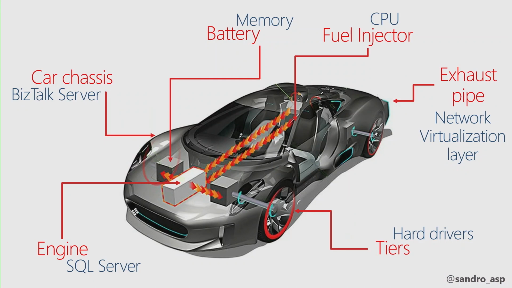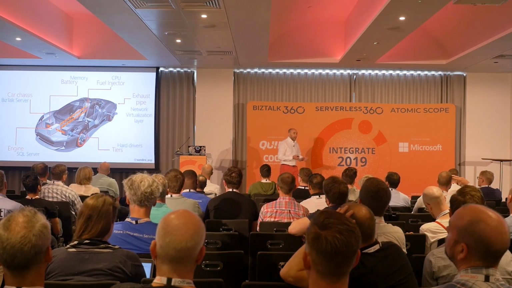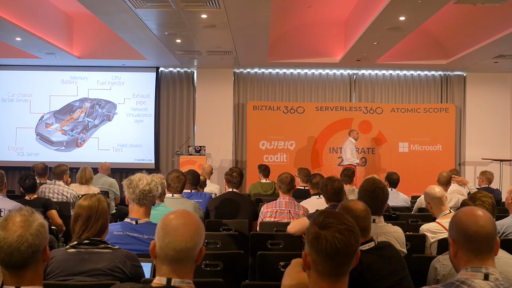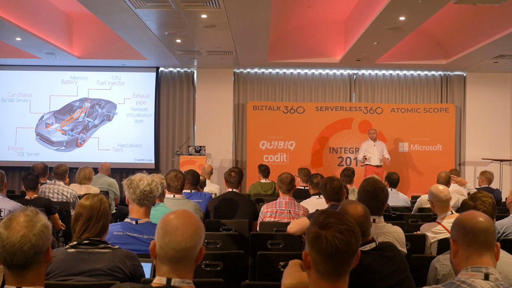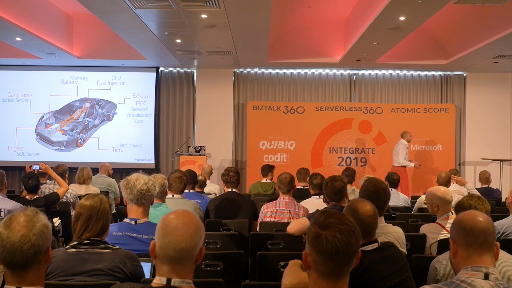If we do this analogy with a car, and some of you may have seen these slides 2 years ago, this is BizTalk. If you want a fast car, you need to have a good engine, and the engine is SQL Server. You can have a good engine, but if you don't have the proper tires, you'll crash for sure. So tires may be the hard drives.